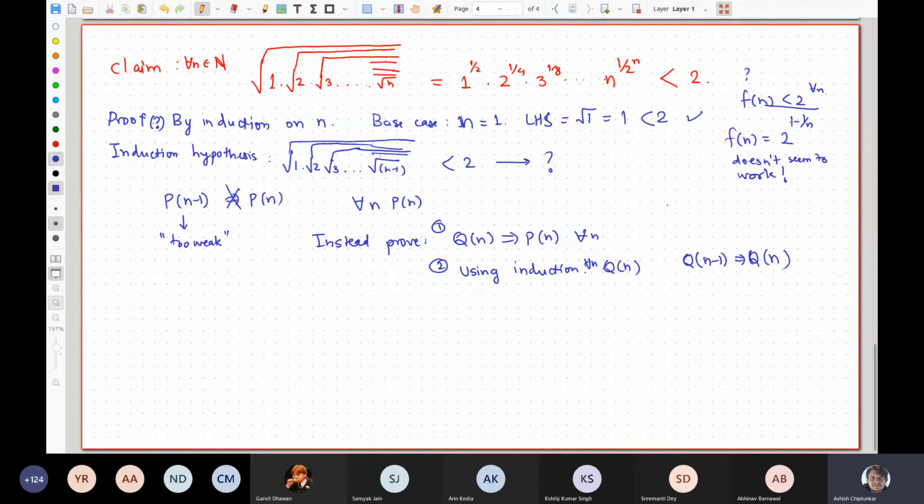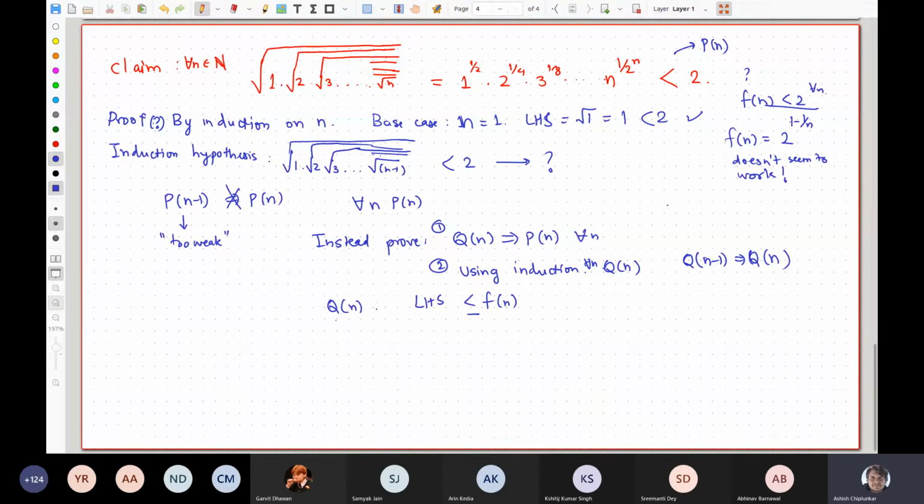And that is what some people are trying to suggest. Instead of proving this thing is less than 2, so your P of n is this claim, they are saying let's construct a new claim Q of n, which says that the left hand side is less than some f of n.